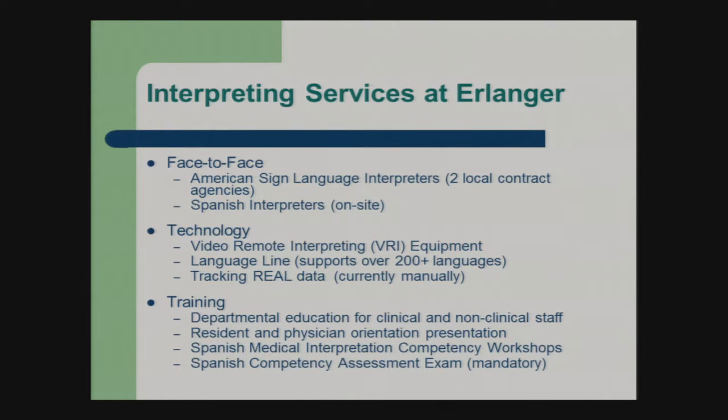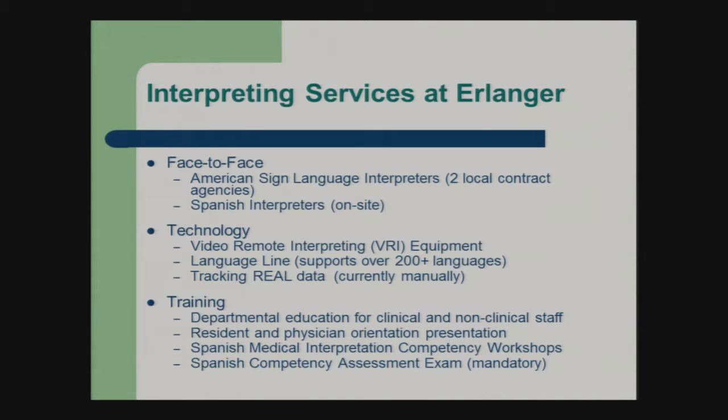We contract two local agencies here that, when you call them, will schedule interpreters to come for patients who are deaf or hard of hearing. That will bring someone out there. Now, if it's in the middle of the night or a weekend and they are not available, then we have technology. And we also have on-site Spanish interpreters because Spanish is our biggest market.